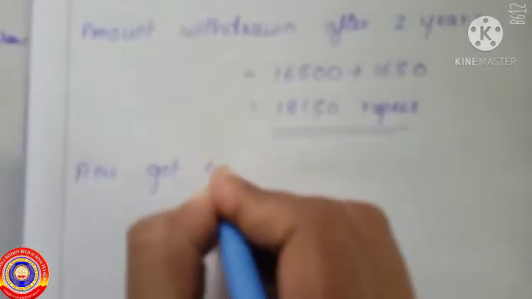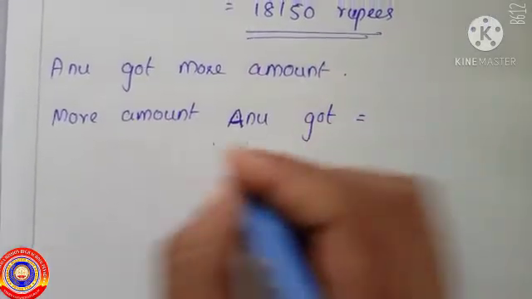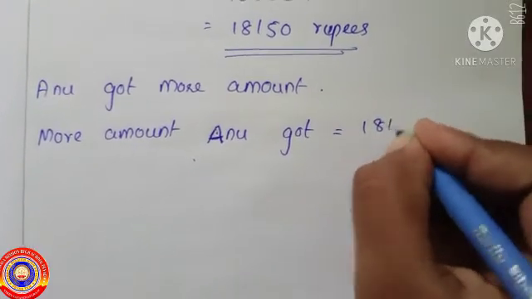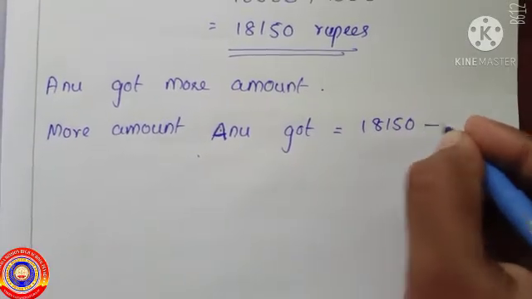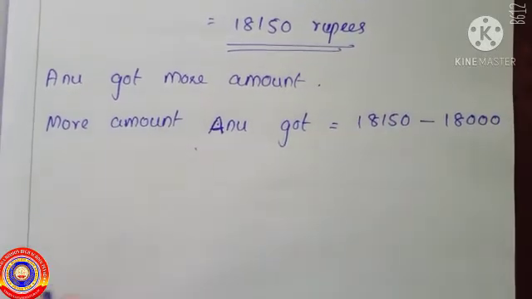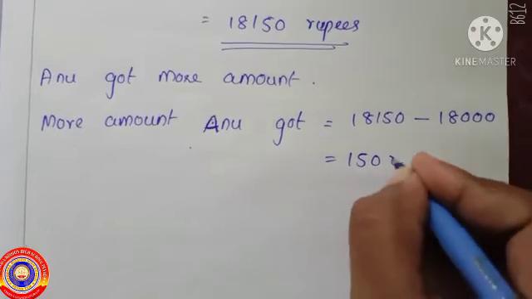So who got more? Yes, Anu got more amount. How much amount did she get? Yes, more amount Anu got is equal to 18,150 minus 18,000. That is equal to 150 rupees.